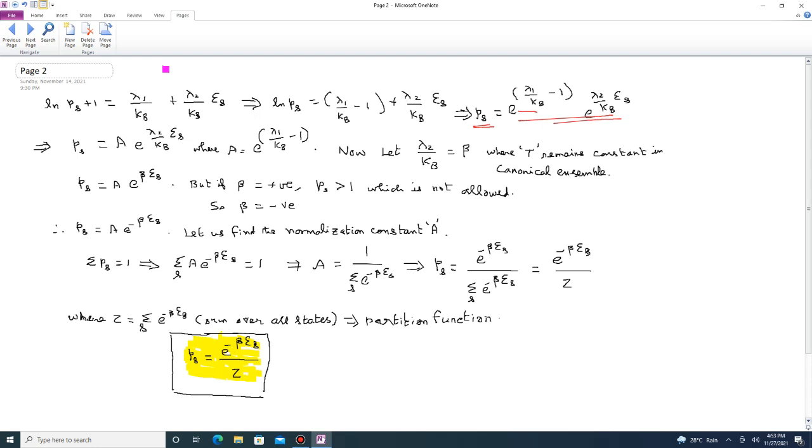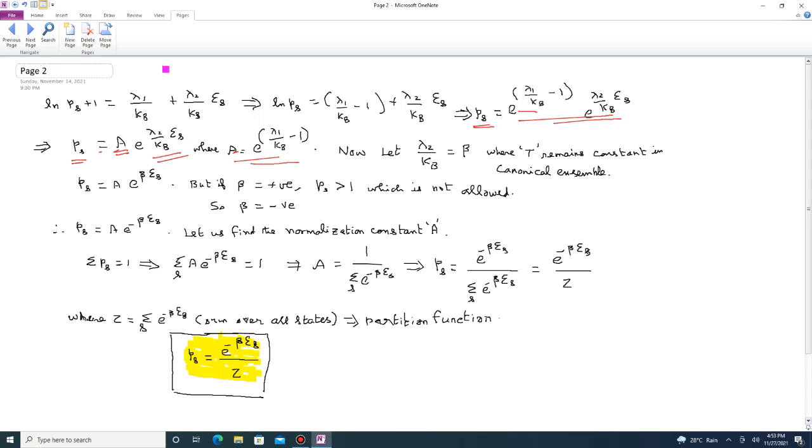So from this, your p_s is equal to, if you take the first factor as a constant, which is capital A, times e power lambda 2 divided by k_B e_s, where the constant A can be written like this: exponential of lambda 1 divided by k_B minus 1.